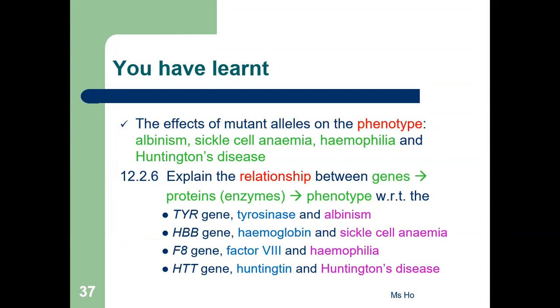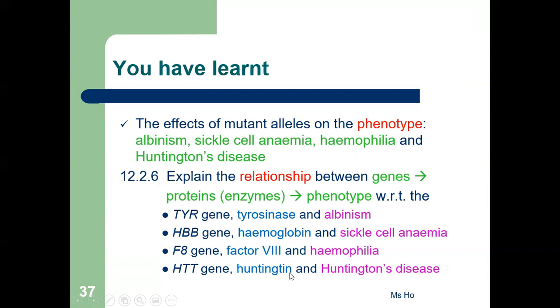They occur because of mutation to the genes which code for certain proteins. The tyrosinase gene codes for tyrosinase, needed to produce the normal pigment melanin. The HBB gene codes for haemoglobin's beta chain, a normal beta chain to carry oxygen. The F8 gene codes for factor 8, a blood clotting factor needed for the blood to clot. The HTT gene codes for the huntingtin protein.